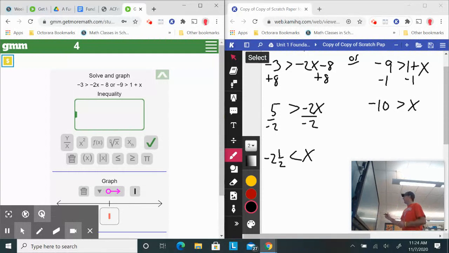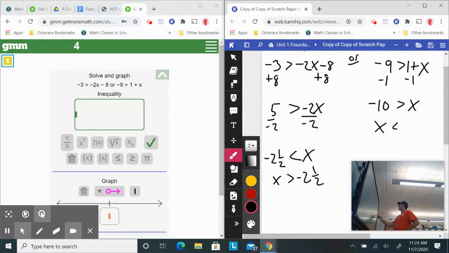Okay, so you see on the right-hand side, I got the x by itself, and ended with -5/2, which is -2.5. And the other inequality, I ended up with -10 is greater than x. I'm going to rewrite each of these so the x's first. I got to reverse the signs.